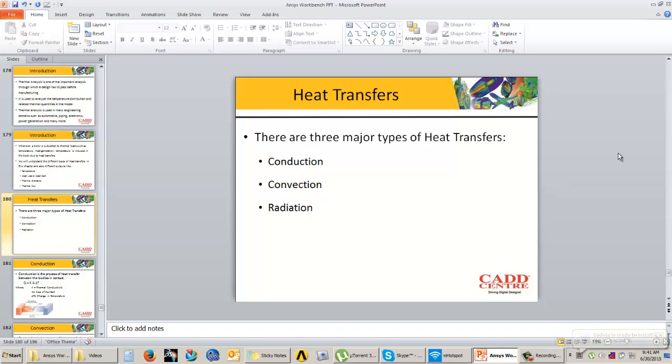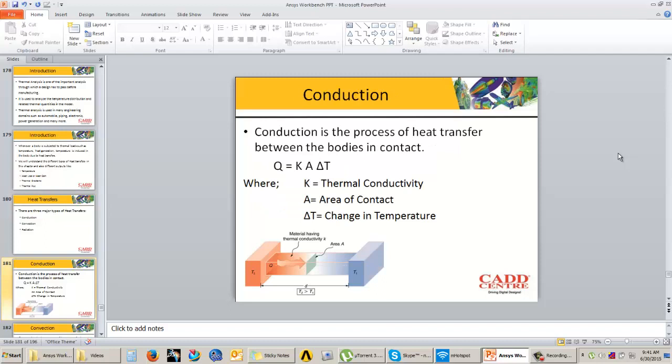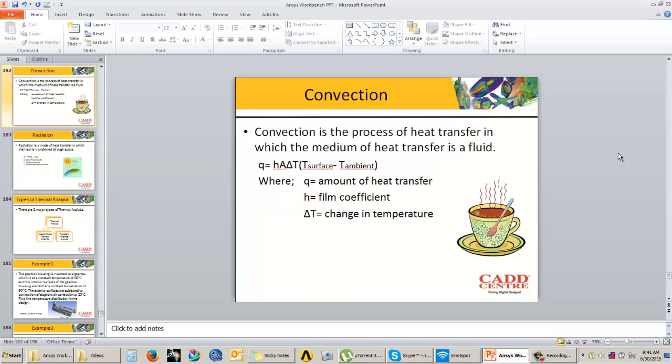Apart from this, there are many other basic definitions that are given in the reference guide. You can just go through that once because they are all basic definitions related to specific heat, emissivity, the Stefan-Boltzmann constant, or your film coefficient. So kindly go through that once when we start practicing thermal analysis.